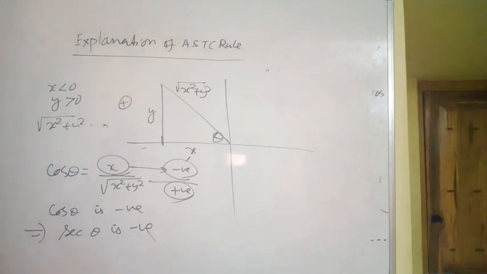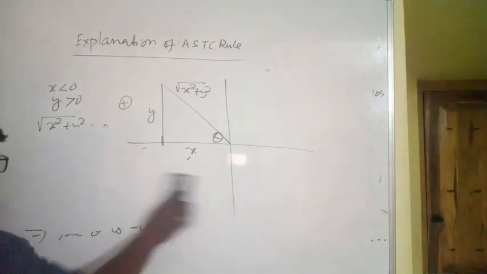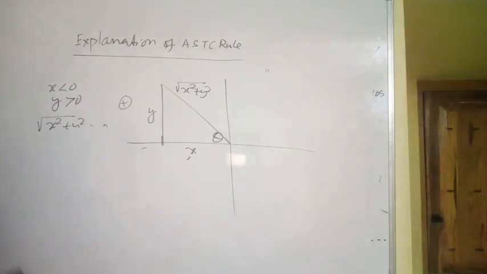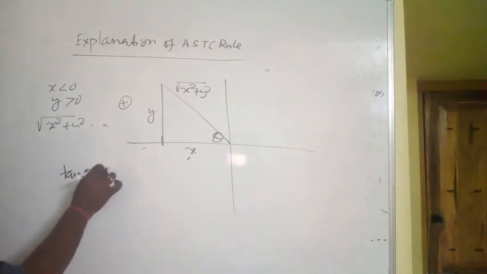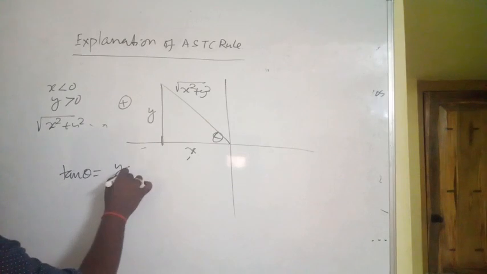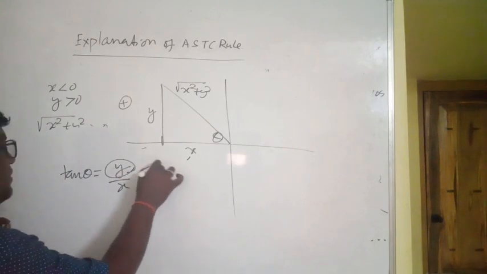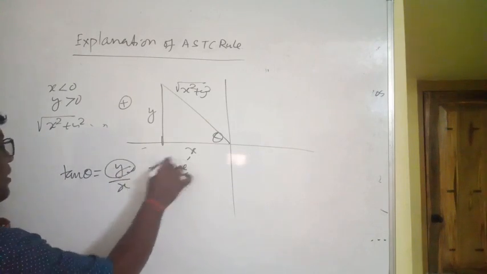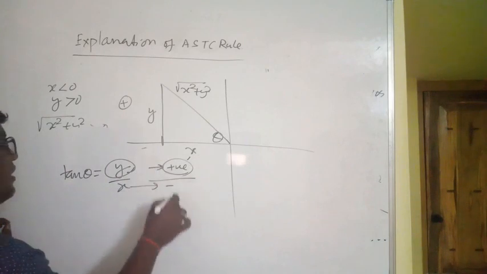Then about tan theta. Tan theta is equal to P by B. P means y, so y by x. Here y is positive and x is negative.